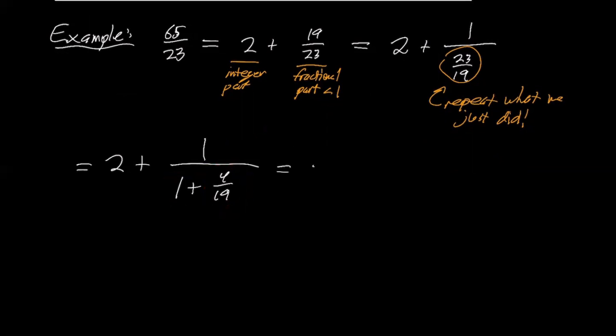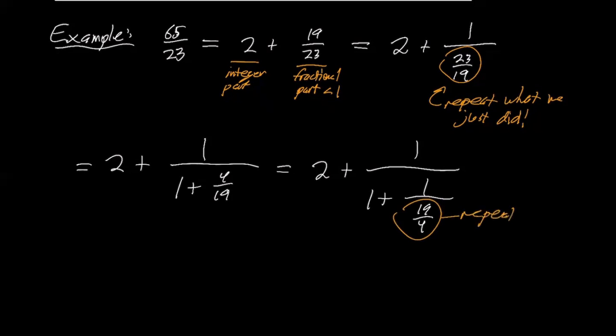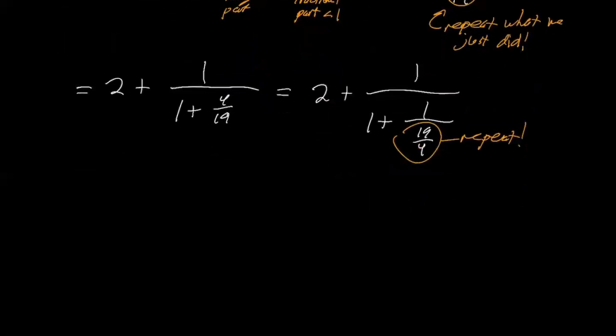So that's 2 plus 1 over 1 plus 1 over 19/4. And then repeat again. Strip off the integer part, find the fractional part. And you can sort of see that this is going to go on for a while. Is it going to go on forever?